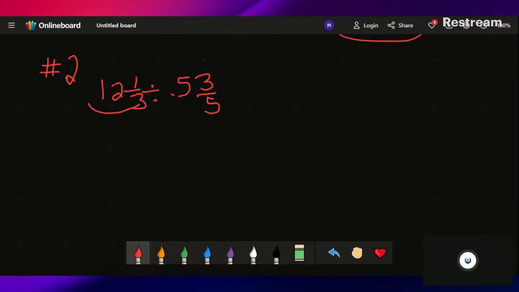So we're going to take this, multiply. We got 36 plus 1. That is going to be 37 over 3, divided by 5 times 5 plus 3 is 28 over 5.